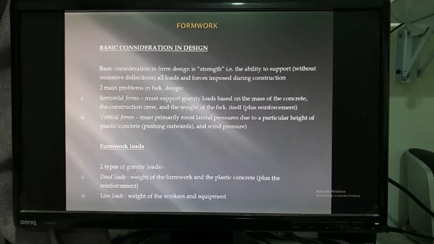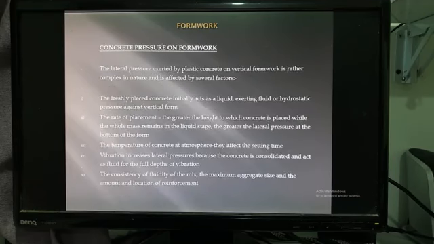As for buildings, there are also two types of loads that act upon a formwork. We have the dead loads: the load of the formwork, the load of the concrete, reinforcement, and the water, and of course the live loads: workers and the equipment.